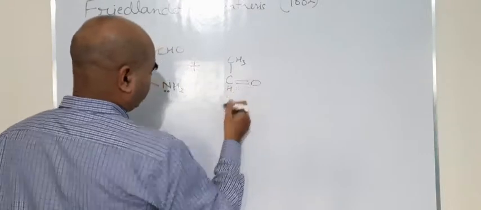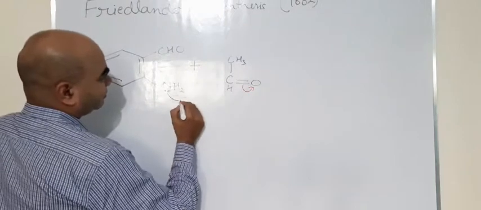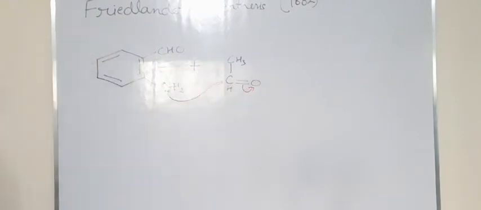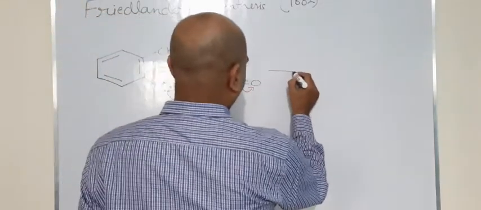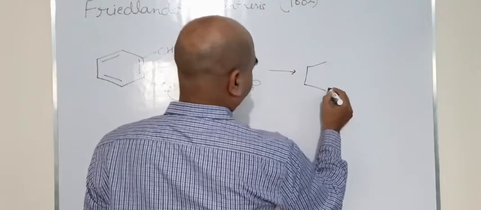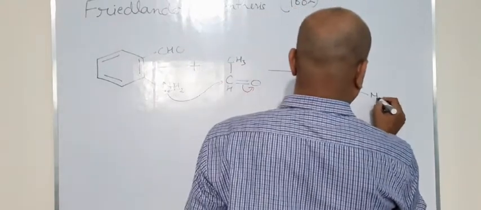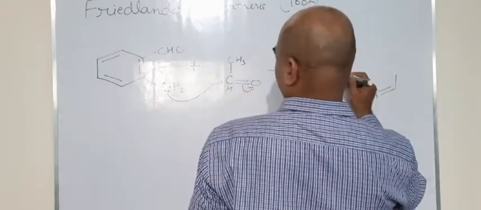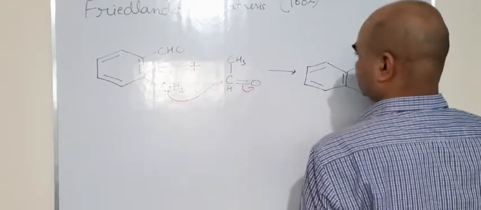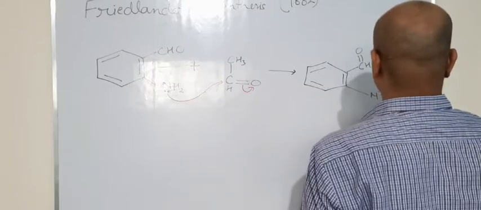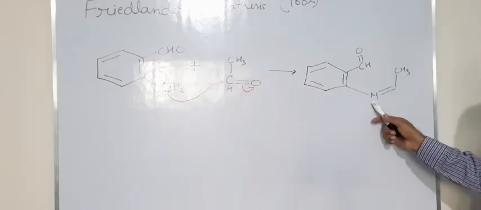We have a carbonyl, and you know very well how the reaction of a primary amine and a carbonyl proceeds. They form a Schiff base or imine. Clear?